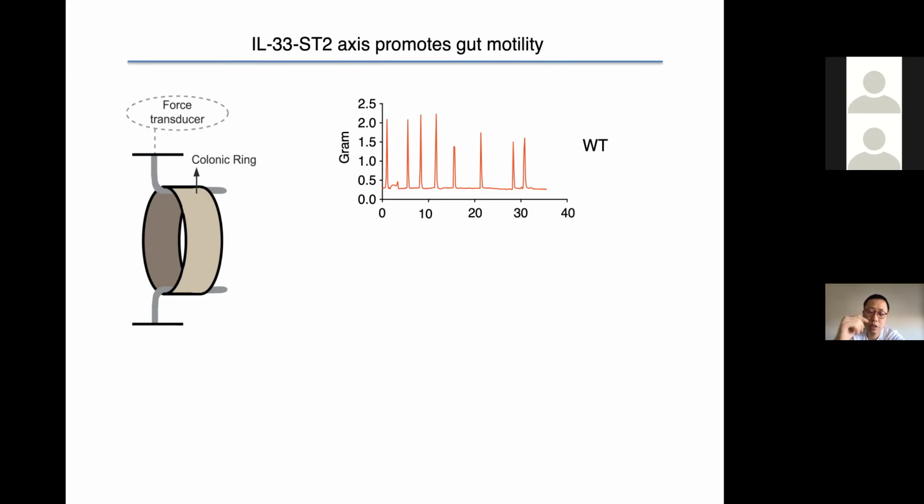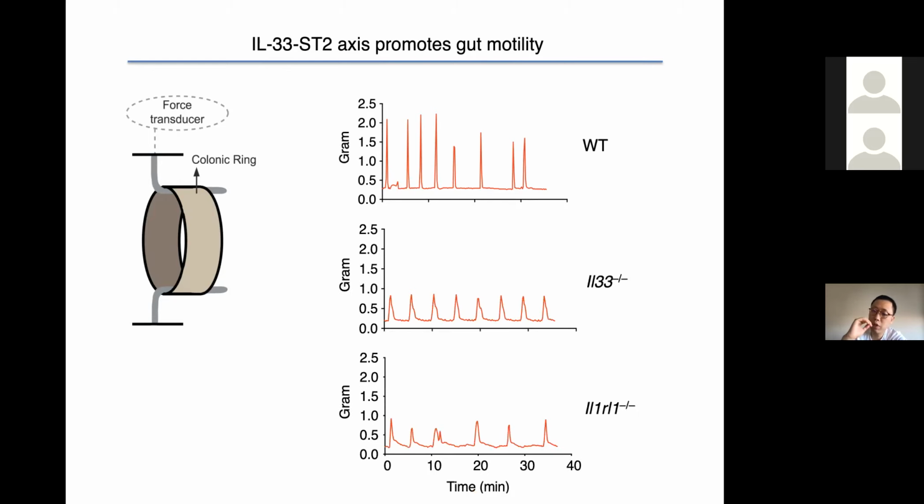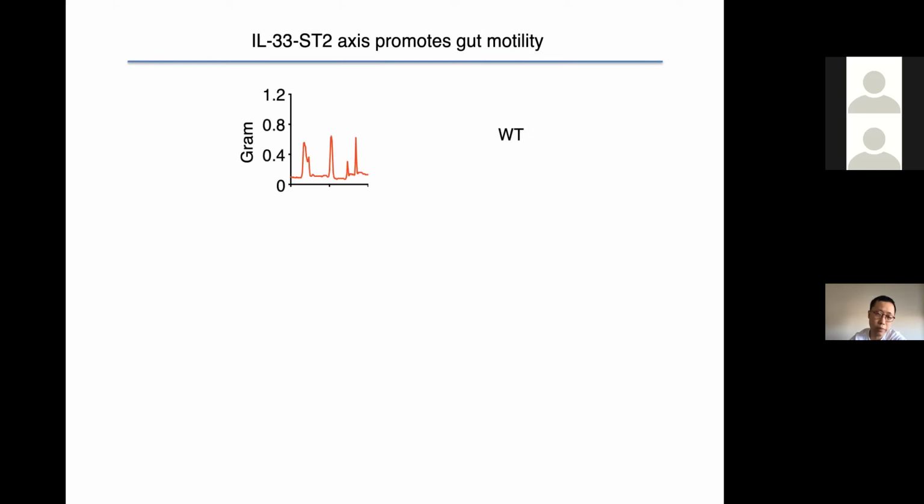You can see the wild type has this rhythmic, very regular contraction, while if you compare with both IL-33 knockout and ST2 knockout, these mice show quite significantly compromised gut motility compared with wild type. But the most interesting part is when you perform this experiment in the wild type case.